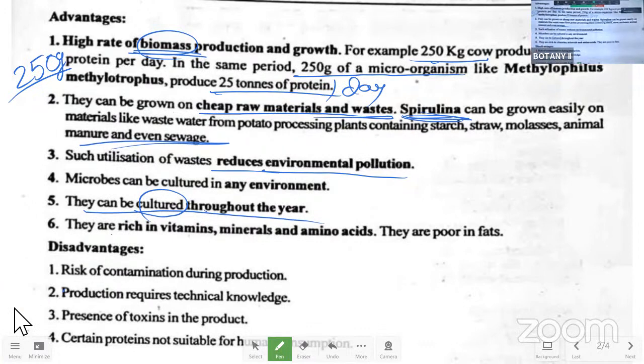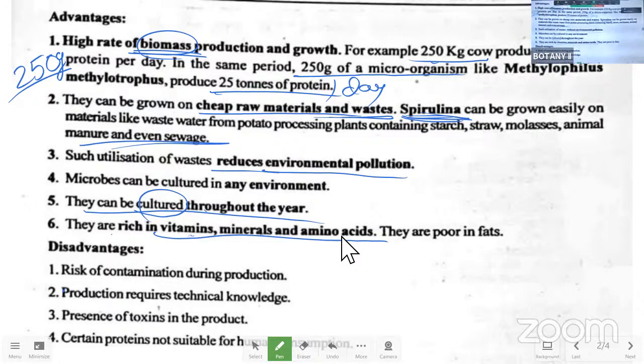And these proteins are very rich in vitamins, minerals and amino acids. Fat quantities are very low in these organisms from which we are extracting the proteins. We are concentrating on the proteins, not on the fats. So these proteins are very rich in vitamins, minerals and amino acids, and a small amount of fats is there. These are the advantages.